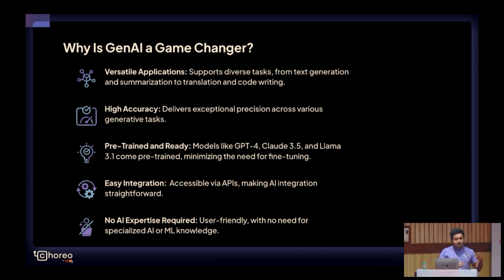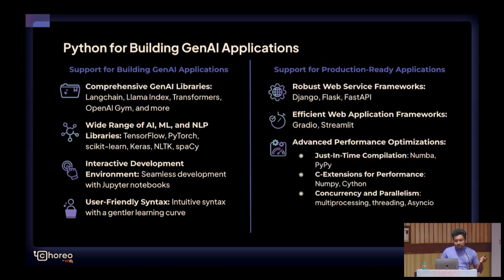That's a big advantage even for general developers. Since they are exposed as APIs, you don't need any AI expertise either. Any general developer can come and build GenAI applications now. This is a vast domain, and anybody can make use of it if you understand the basic principles of building GenAI applications.